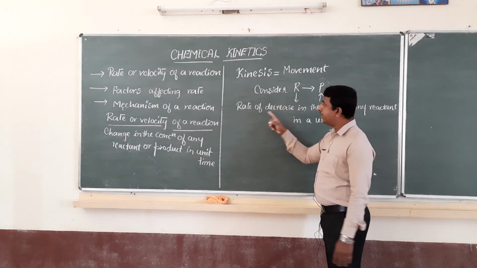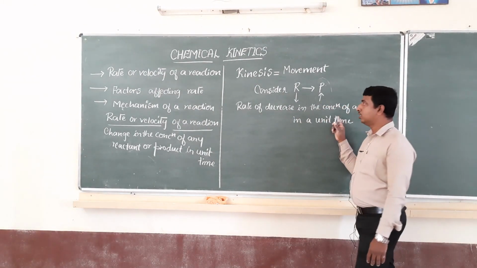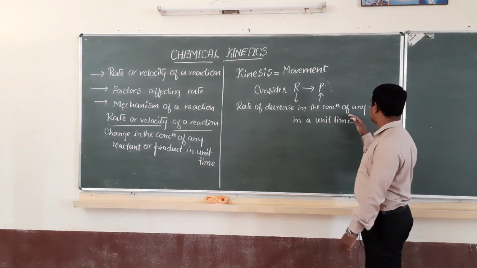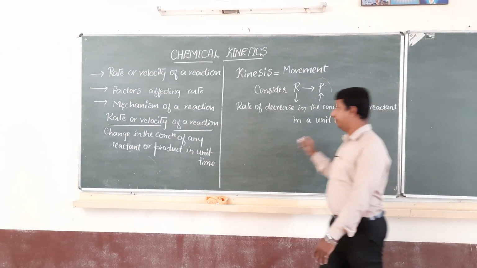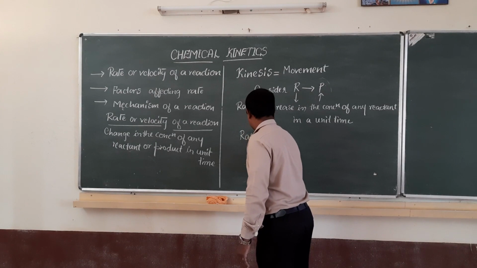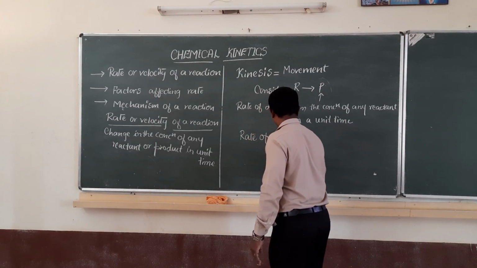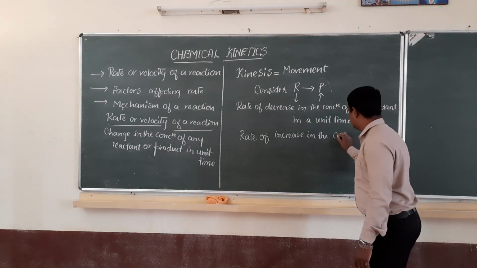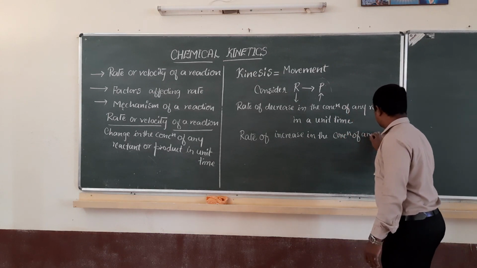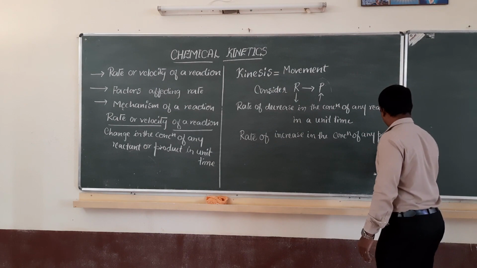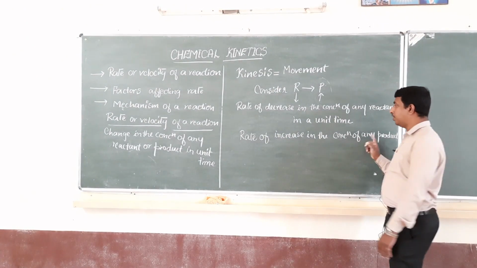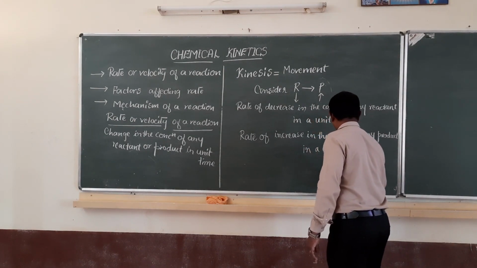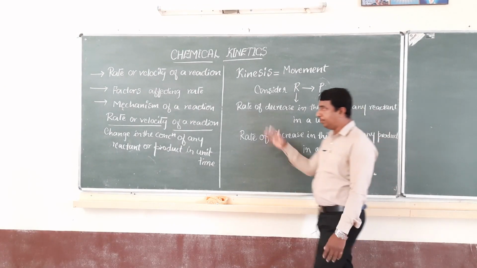So while defining rate in terms of product, we say it is the rate of increase in the concentration of any product with respect to time, in a unit time.